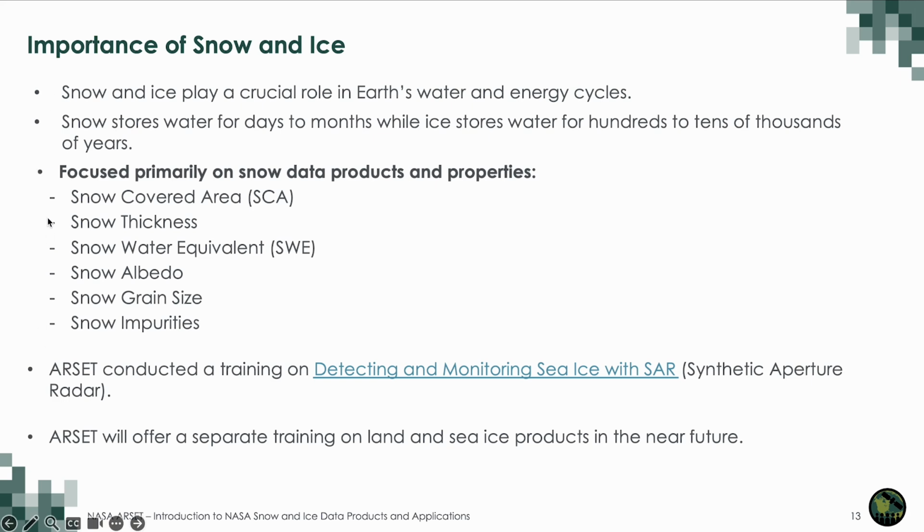So we focused on these snow products and properties: snow covered area, snow thickness, snow water equivalent, and snow albedo, grain size, and impurities. And I also want to point out that ARSET did conduct a training on sea ice using SAR, and the link is provided here for your information. And we will offer a separate training on land and sea ice products in the near future.